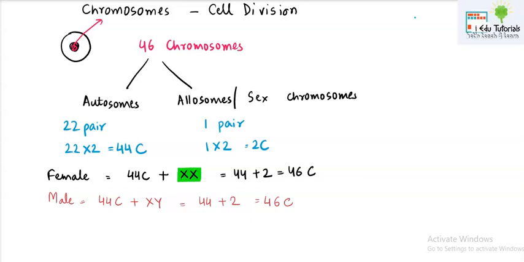Now the important thing to notice is that the sex chromosomes are the same in the case of the human female, and that is why human females are known as homomorphic for the sex chromosome. Homo means similar, morphic means morphology, the way they look. So XX means both the chromosomes are similar.